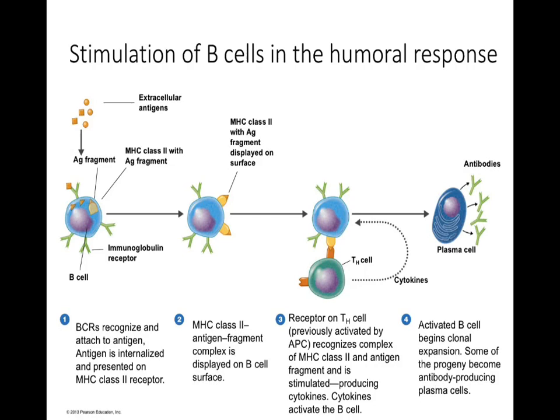How do macrophages attach to pathogens? What receptor do they have? PRR or toll-like receptor. Okay, and they attach to a PAMP. B cells, on the other hand, in the early development of a B cell, have antibodies that are membrane bound, and we call this the B cell receptor.